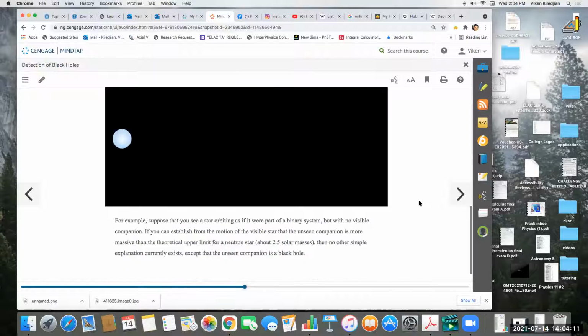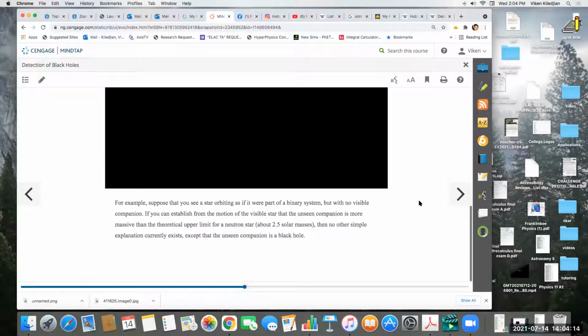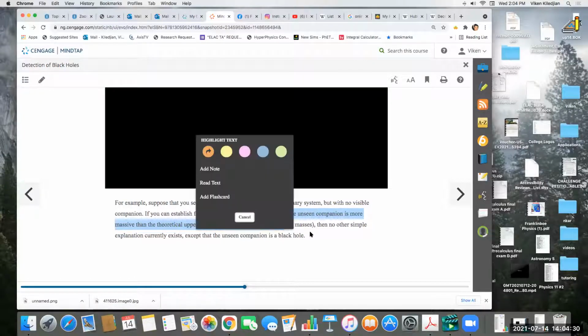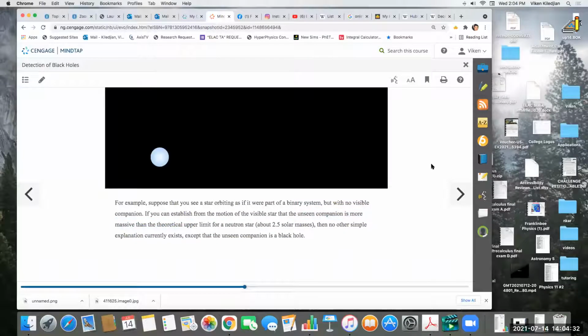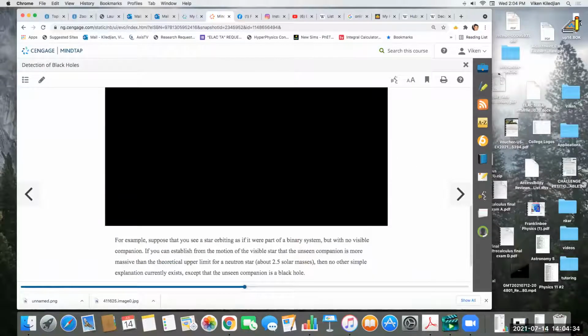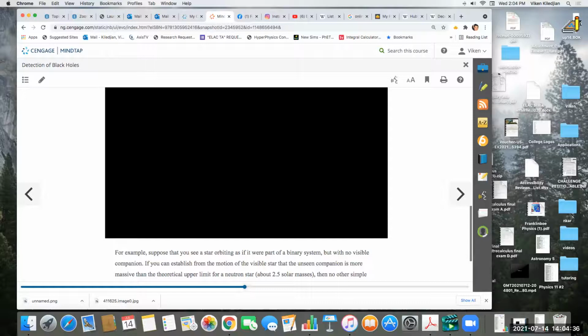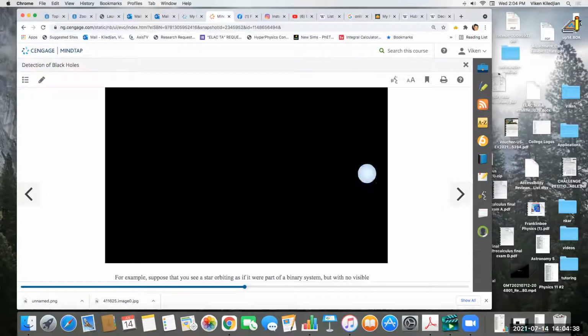For example, suppose that you see a star orbiting as if it were part of a binary system, but with no visible companion. If you can establish from the motion of the visible star that the unseen companion is more massive than the theoretical upper limit for a neutron star, that's the other thing you do. You can do a calculation based on the mass of the blue star and the time it takes to orbit.